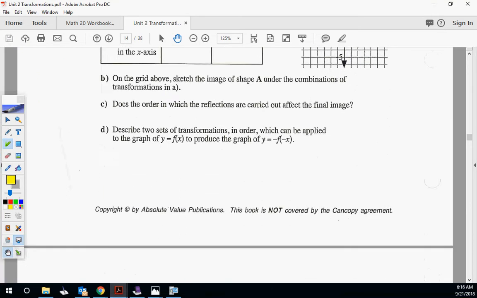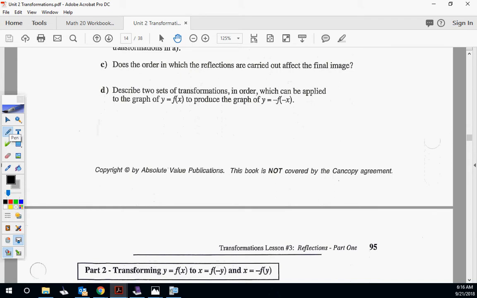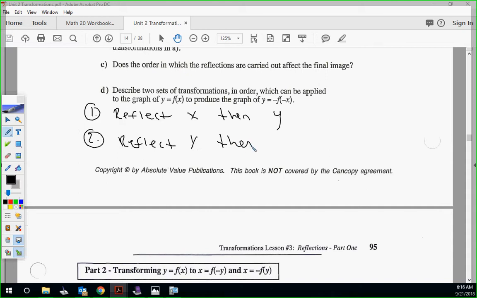These are pretty basic, but we can reflect x then y, or reflect y then x. So 2 options there.